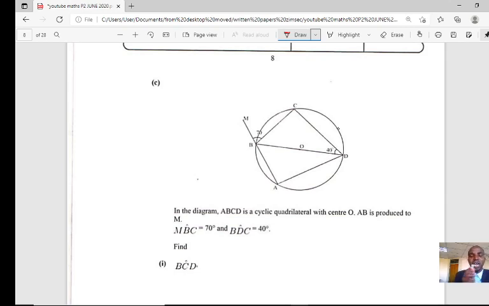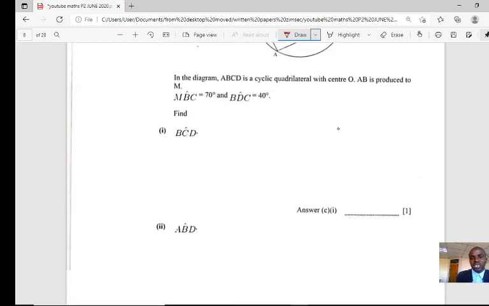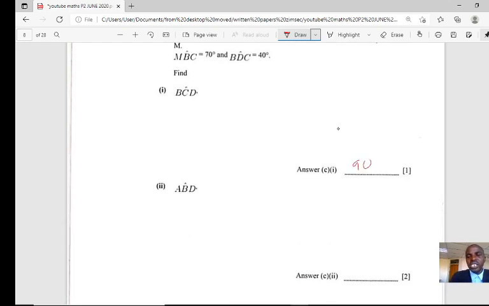That one is the angle subtended by the diameter BD. From the theorem, the angle subtended by the diameter is a right angle, 90 degrees, which means this one is actually 90 degrees. Then you write the reason: angle subtended by the diameter.